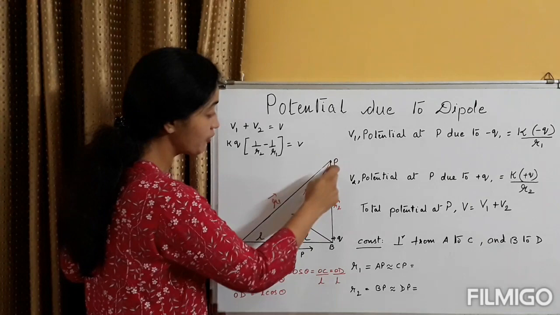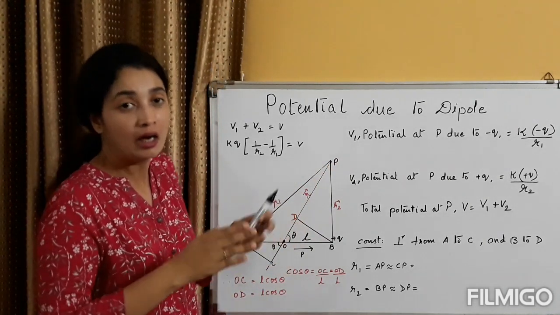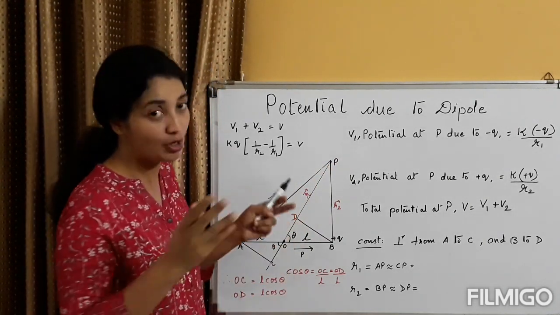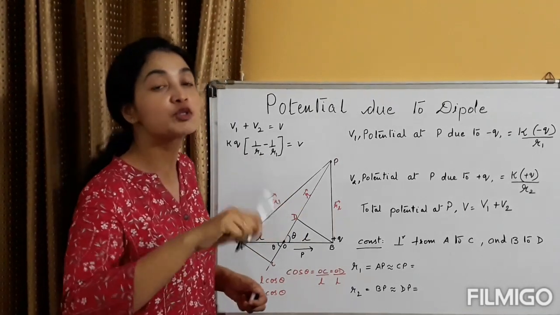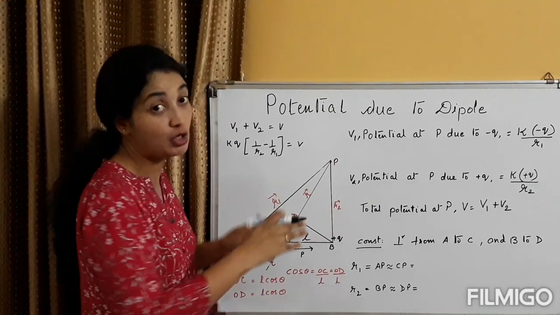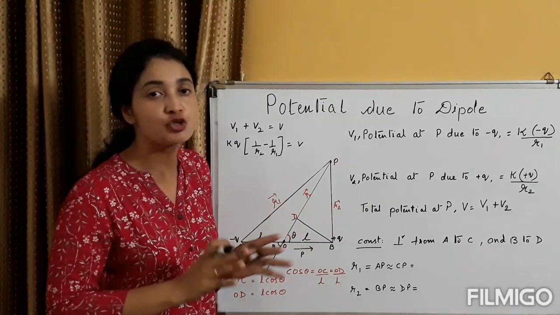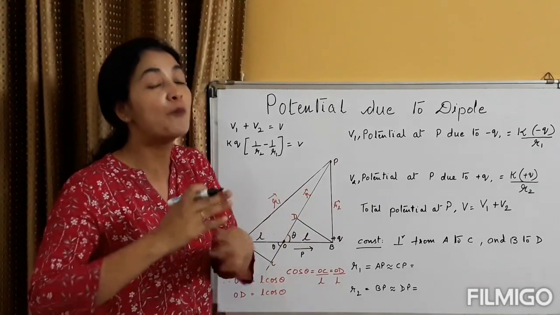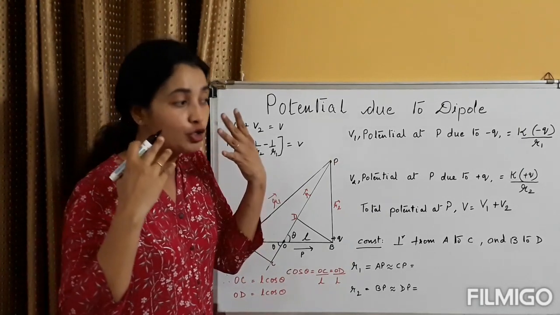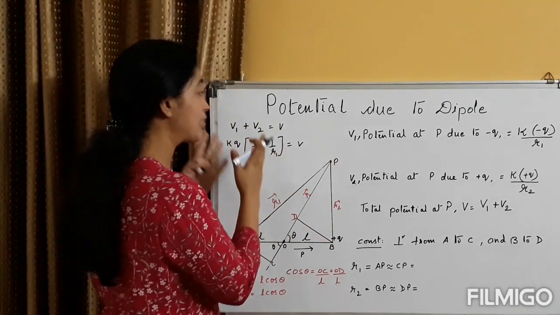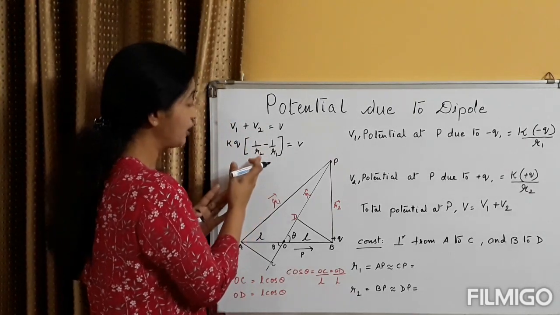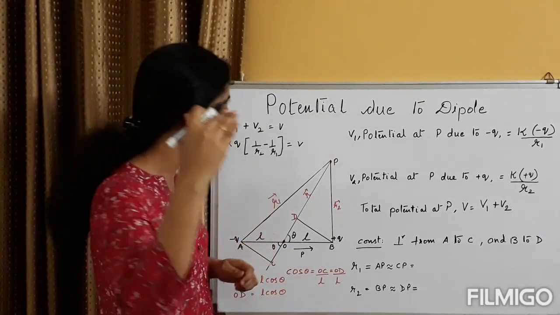The distance of the observation point from the individual charges of the dipole may or may not be known. So we want to convert R1 and R2 in terms of R. Further, it is just rearrangement, bringing the derivation into a more applicable and clearer form. Otherwise we are done. Whatever we had to calculate, we have calculated. We are only converting R1 and R2 in terms of R.